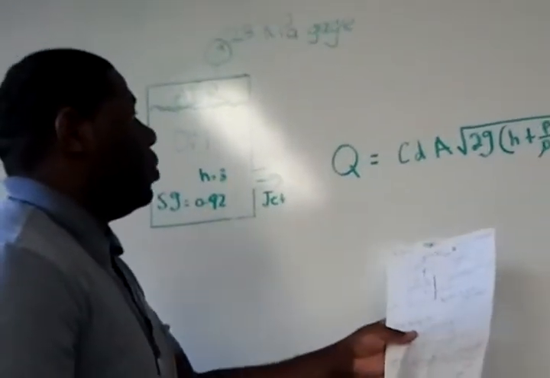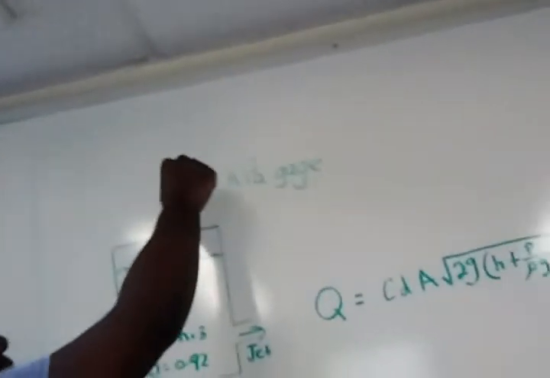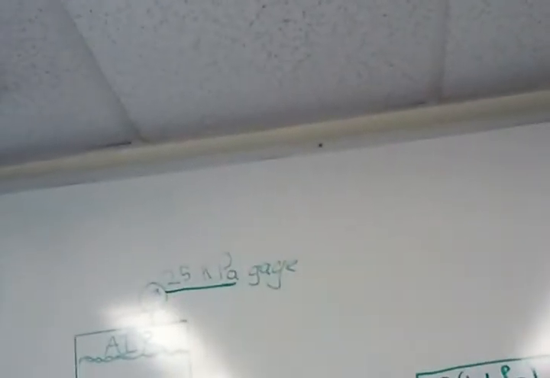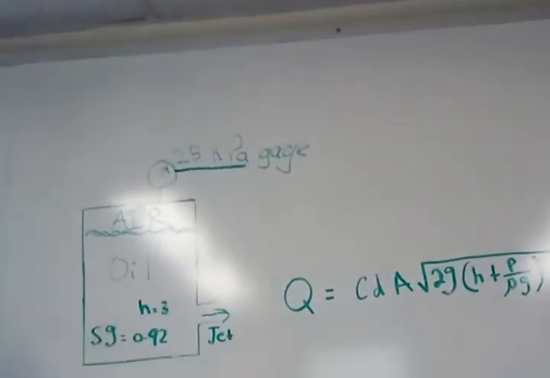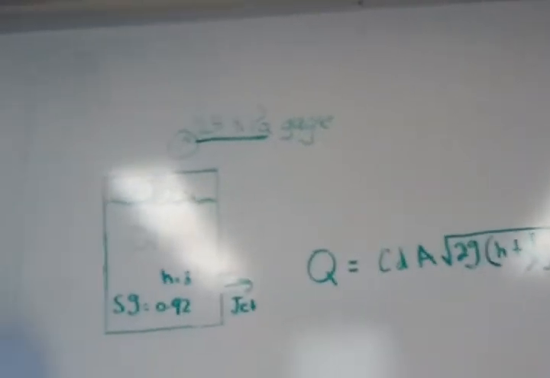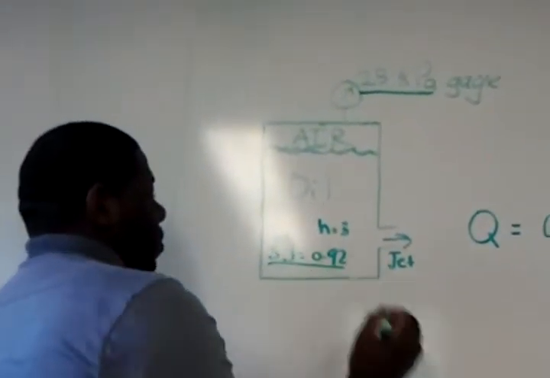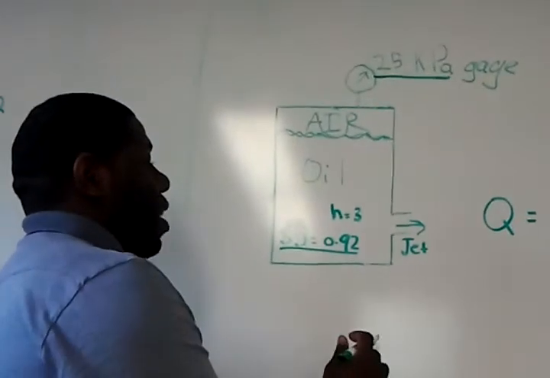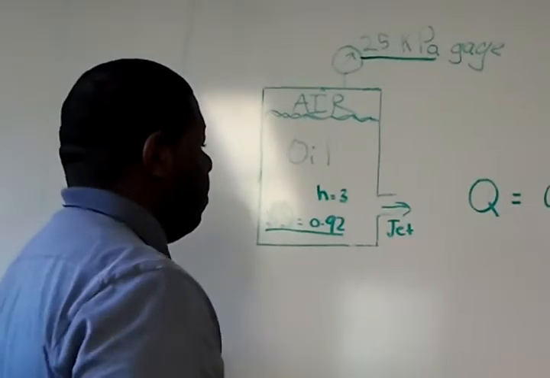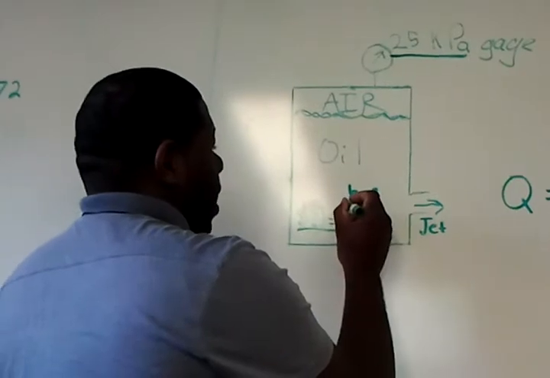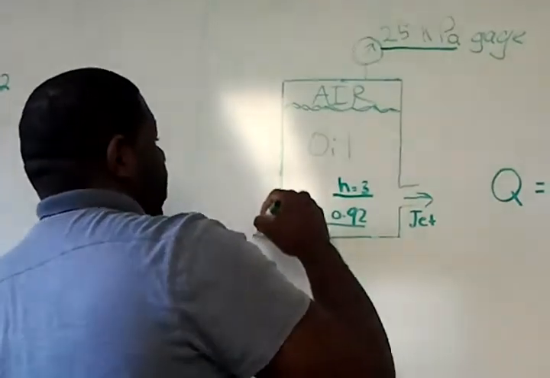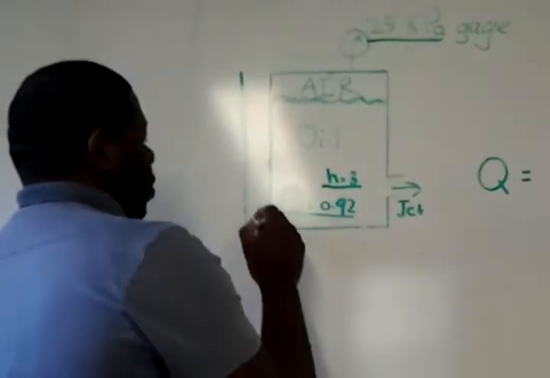So the first thing we're going to do is explain the diagram. Inside of the tank, we know that we have 25 kilopascals of pressure. We also know the oil's specific gravity is 0.92 and the height of the whole entire tank is 3 meters.